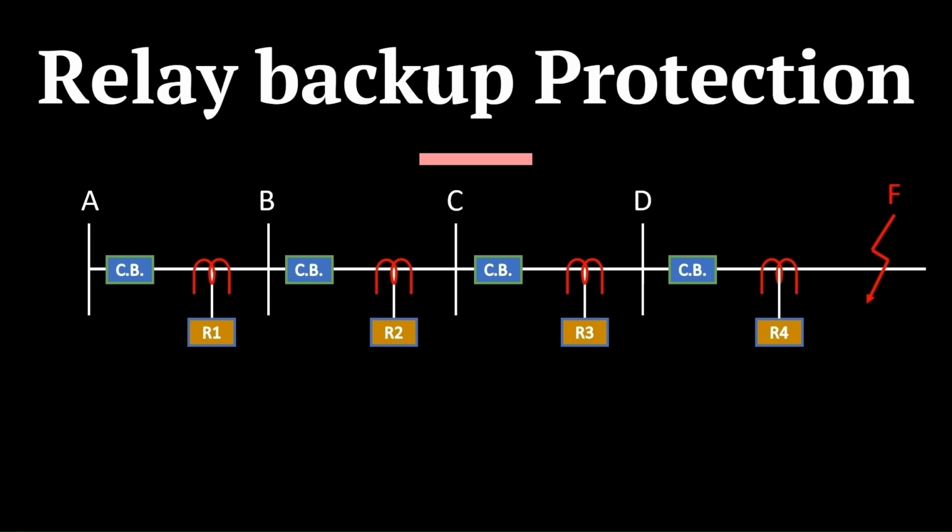Now suppose the relay R4 installed in section D fails to operate. Therefore, the relay R3 which is installed in section C will operate as second line of defense. And it will trip the circuit breaker to isolate the faulty element.